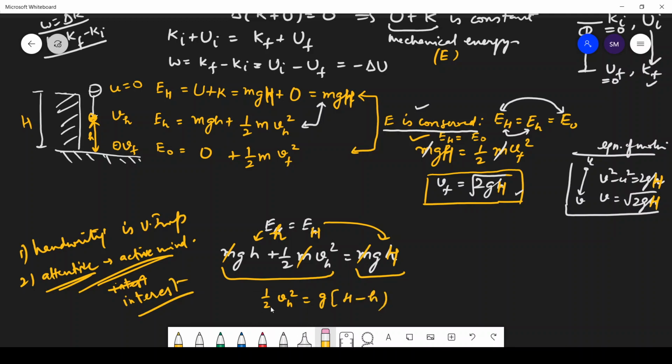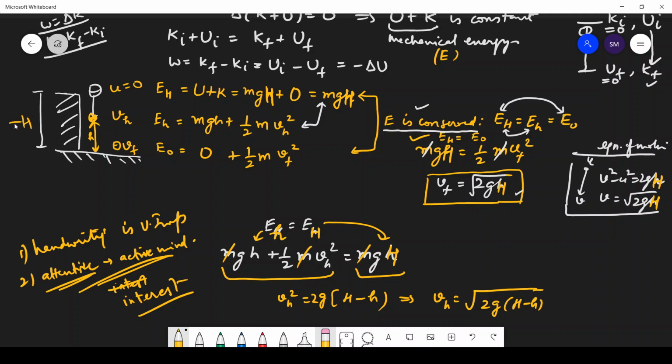And if I take this half, this 2 will go this side, and this can be written as vh is equal to under the root 2g times H minus h, and that is perfect.